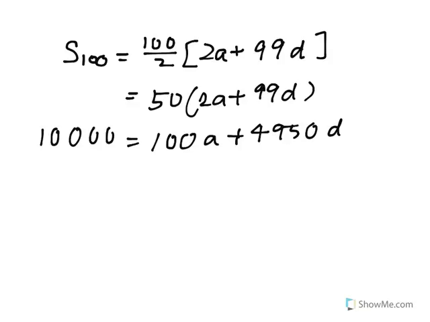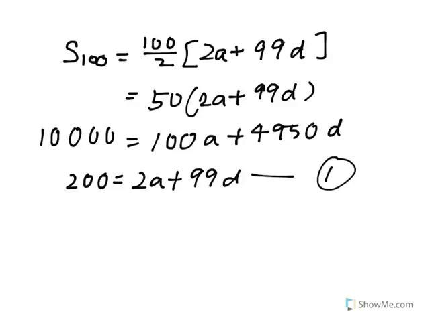Simplifying this, we can divide by 50, and that gives us 200 equals 2a plus 99d. So that's the first equation.